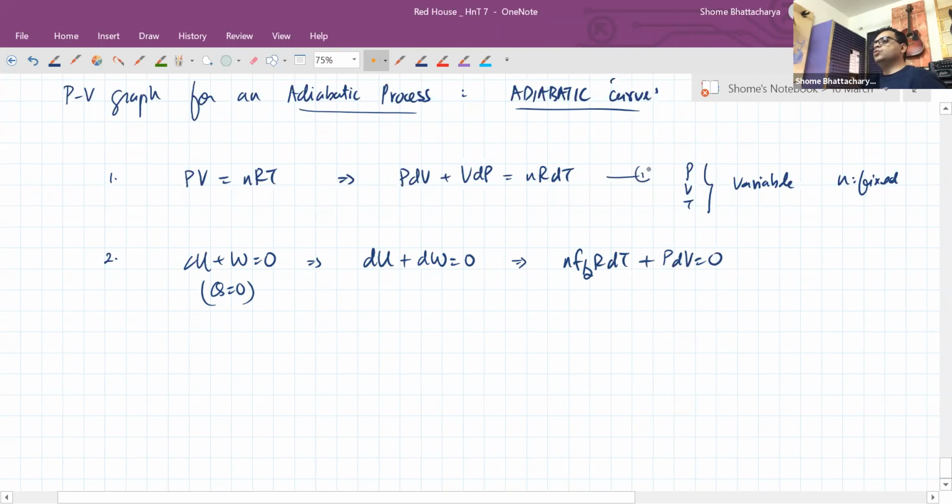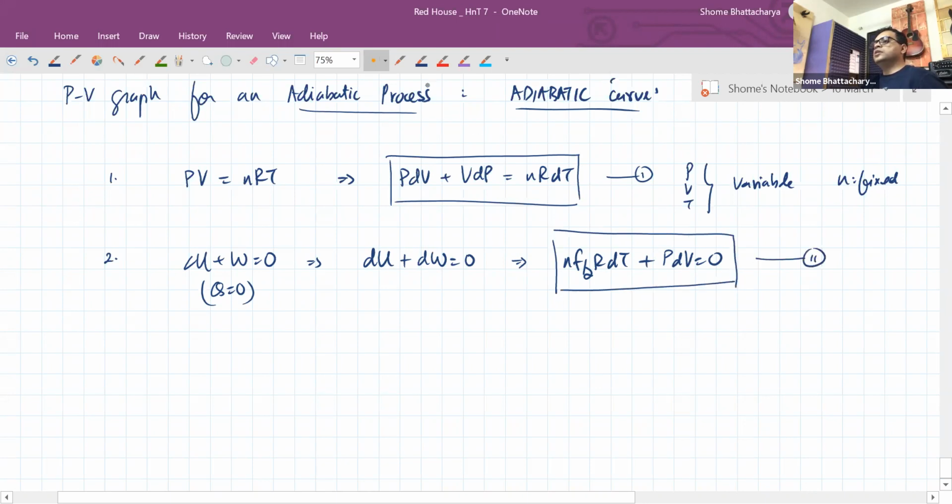This is my equation 1, and this is my equation 2. Then this nRdT can be substituted here, and this becomes F/2 into (PdV + VdP) equals 0.